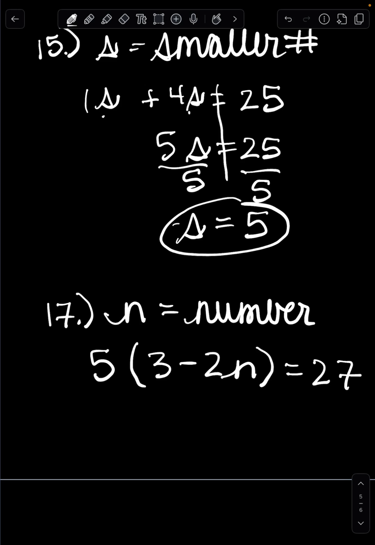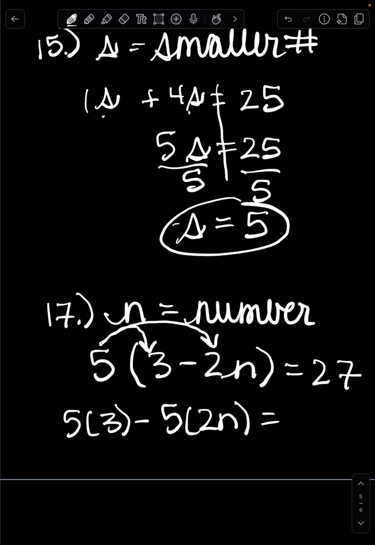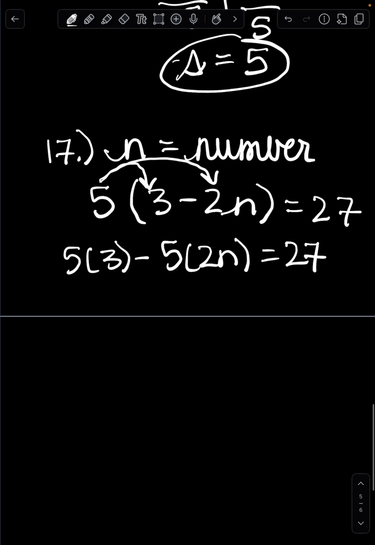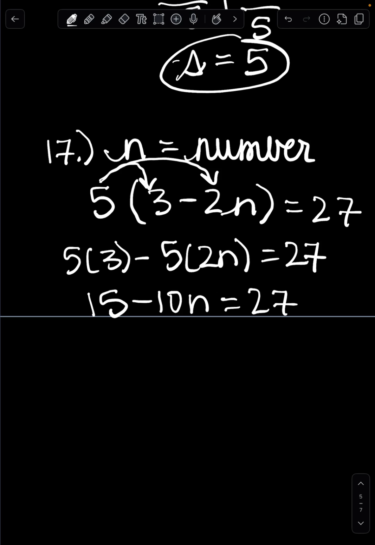Let's use the distributive property to solve. 5 times 3, and then 5 times 2n. So I'm going to have 5 times 3 minus 5 times 2n equals 27. So that gives me 15 minus 10n equals 27.